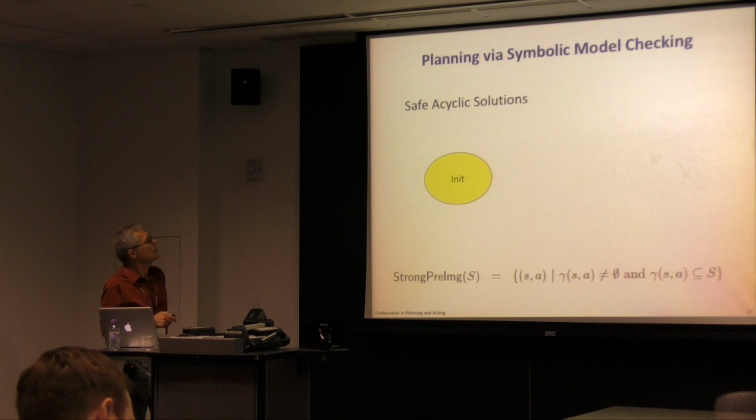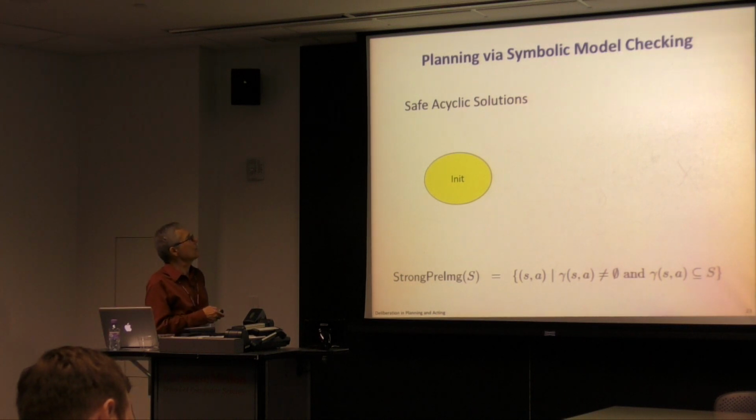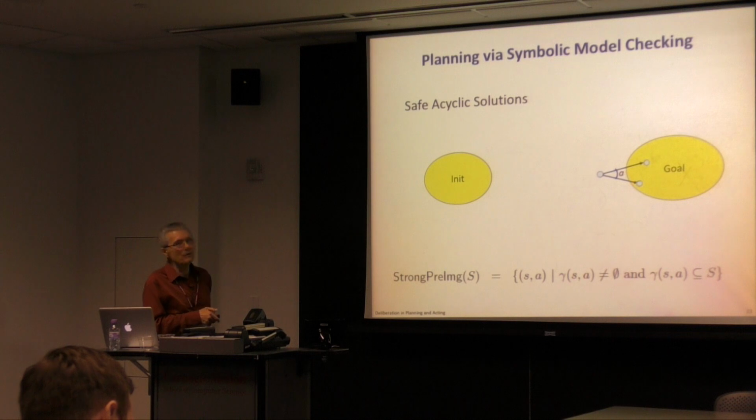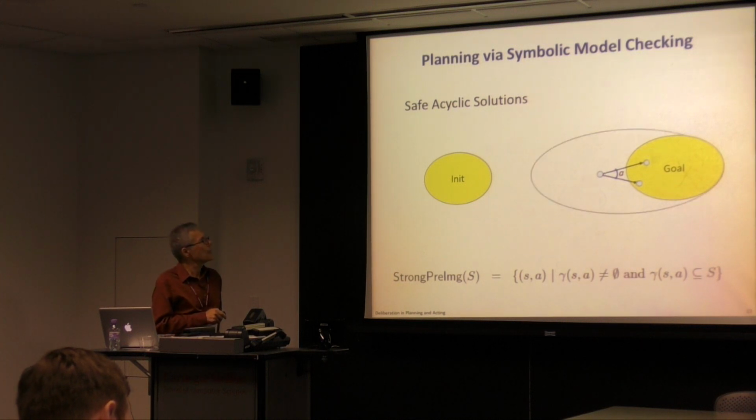Safe acyclic solutions, one way to think about them. We have the initial state, we have the goal, we have the actions that are guaranteed to get us to the goal, all right? Those are called the strong preimage of the goal, okay? This one is not in the strong preimage because it's not guaranteed to get us to the goal.